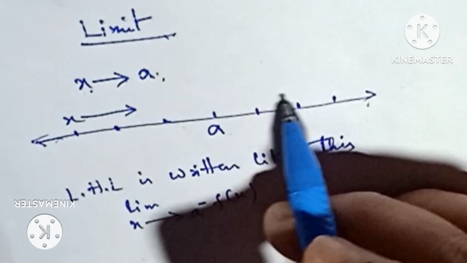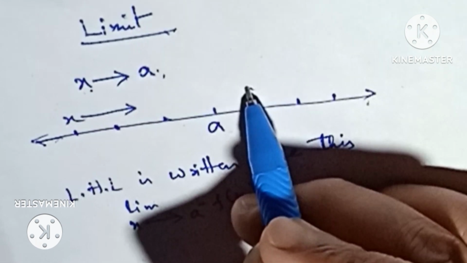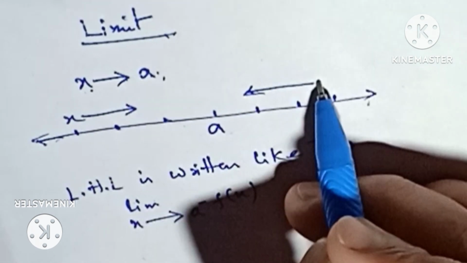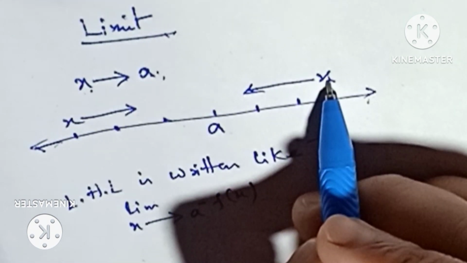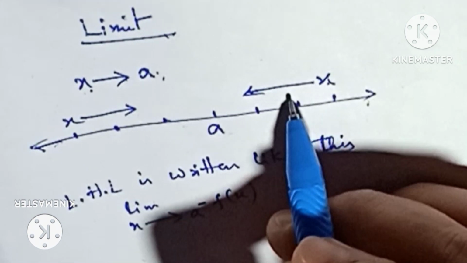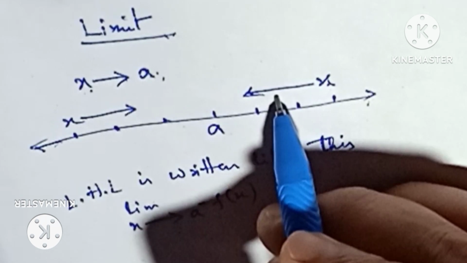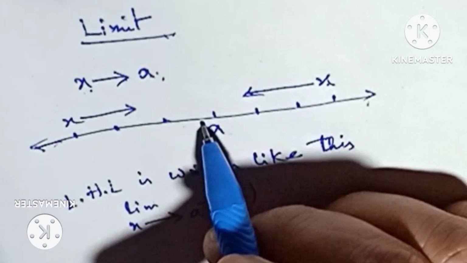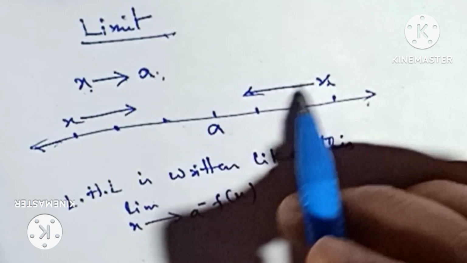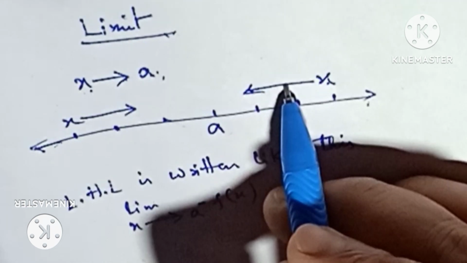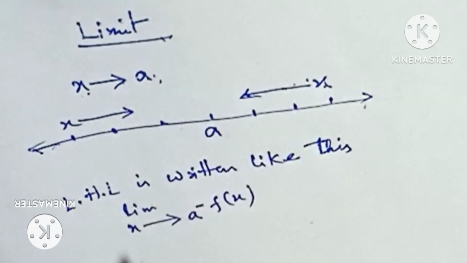And if the value of x approaches from a value greater than a, that is from the right side of a, we consider it as the right hand limit.